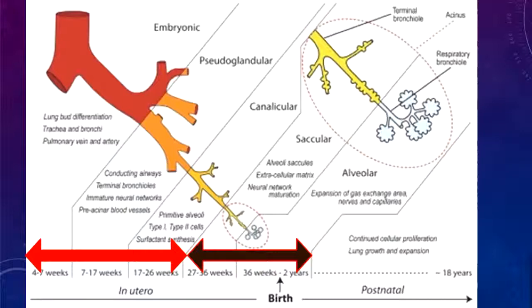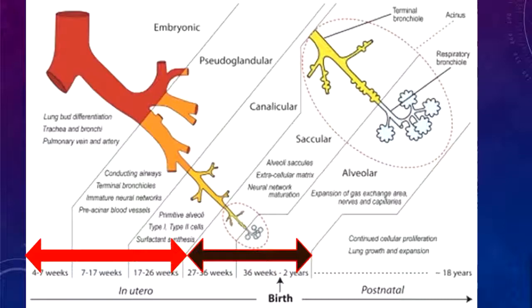The saccular and alveolar phases happen at 27 to 36 weeks and even after birth. In the early development, the tracheobronchial development happens in the embryonic, pseudoglandular, and canalicular phases, whereas in the saccular and alveolar phases, the development of the alveoli or the terminal bronchioles happens.